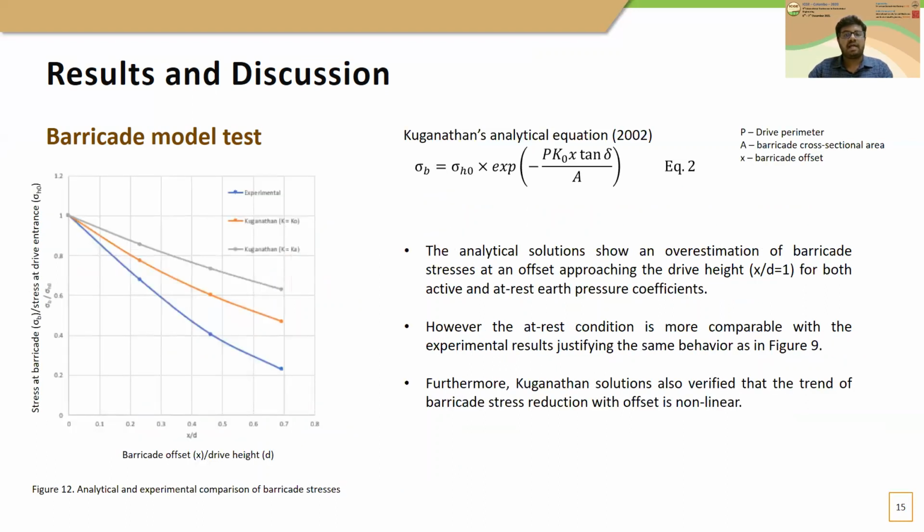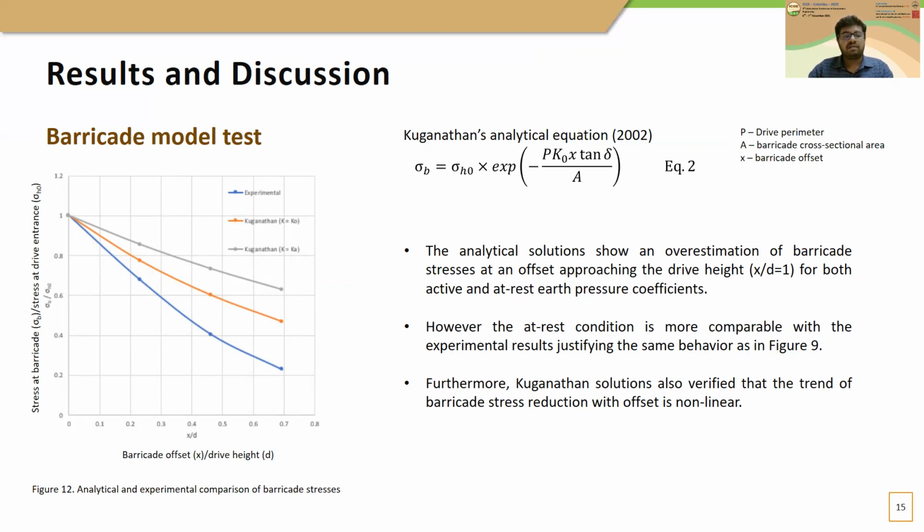Puganathan has expressed an analytical equation to determine the horizontal stress on the barricade surface, as given in equation 2. Laboratory results were compared with Puganathan's equation in a dimensionless analysis, as shown in figure 12. The analytical solutions show an overestimation of barricade stresses at an offset approaching drive height for both active and at-rest earth pressure coefficients.